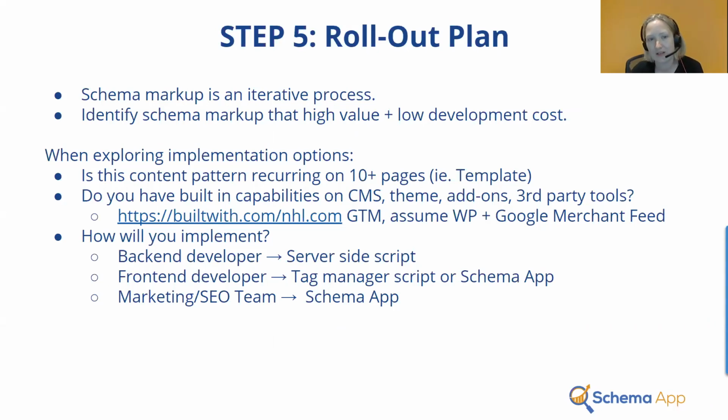Again, it's iterative, but we also look at what's high value with low development cost. High value being really important for the business, while also being really good for getting rich results, but ideally not a heavy lift for your organization or the development team you're working with. So we often at this point ask, are there pieces that are templated? What can we get out of the CMS?